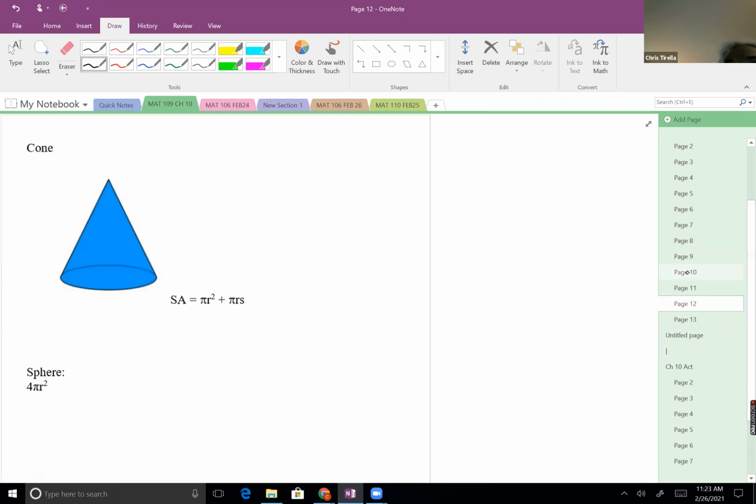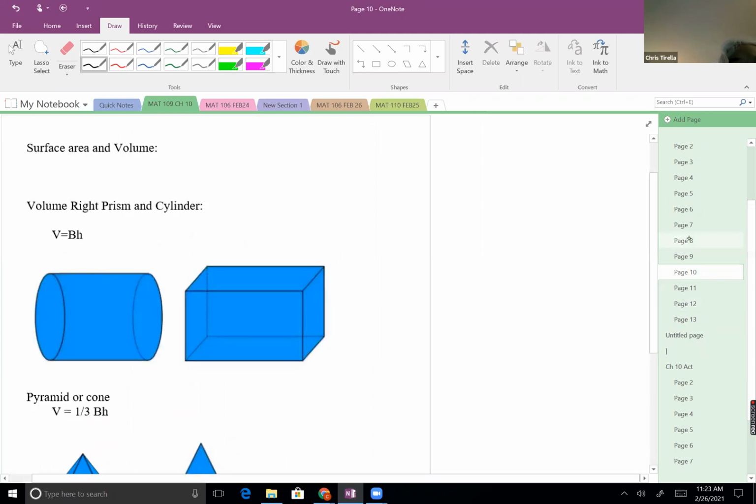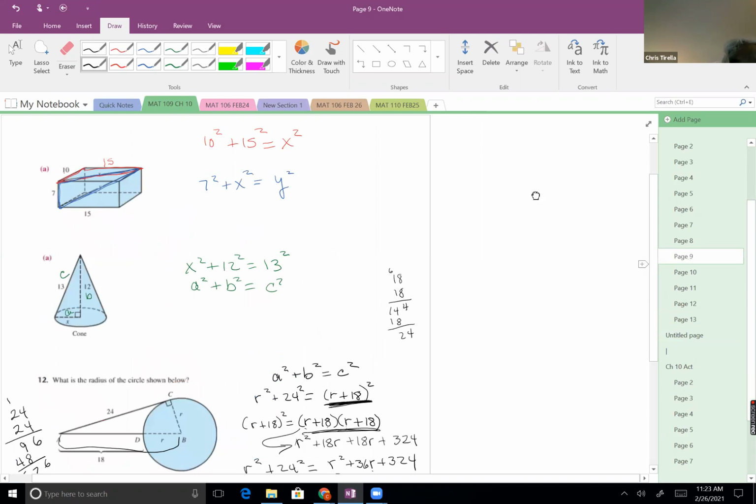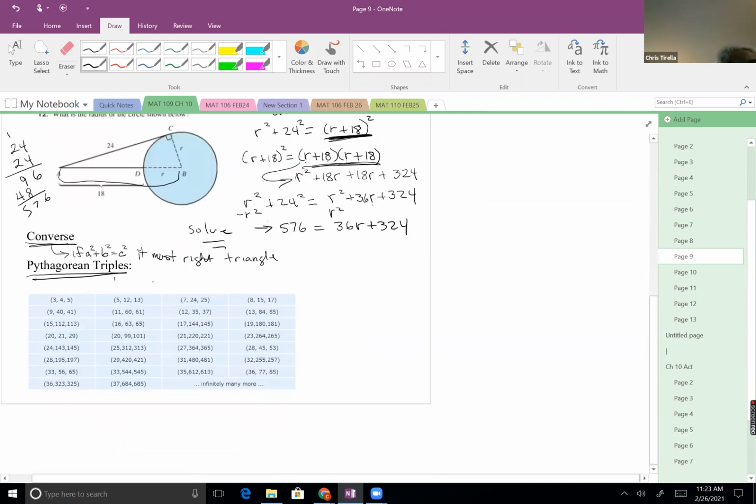What happened to my page? Yikes, where were we? If you want to make sure that you get whole numbers, you want to use Pythagorean triples. They're whole numbers that satisfy a squared plus b squared equals c squared.